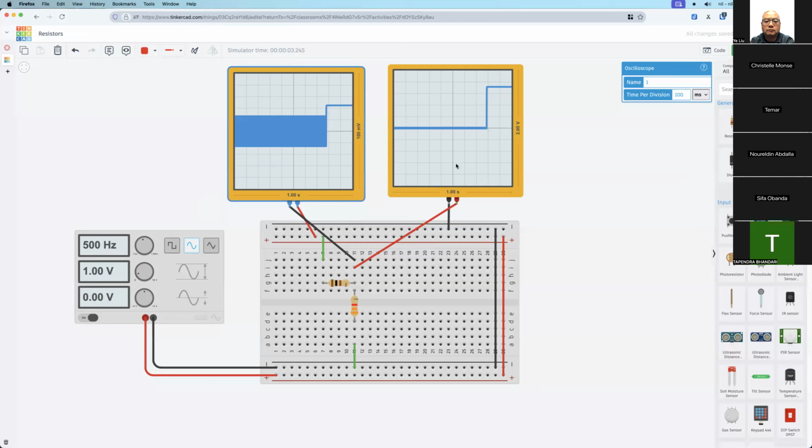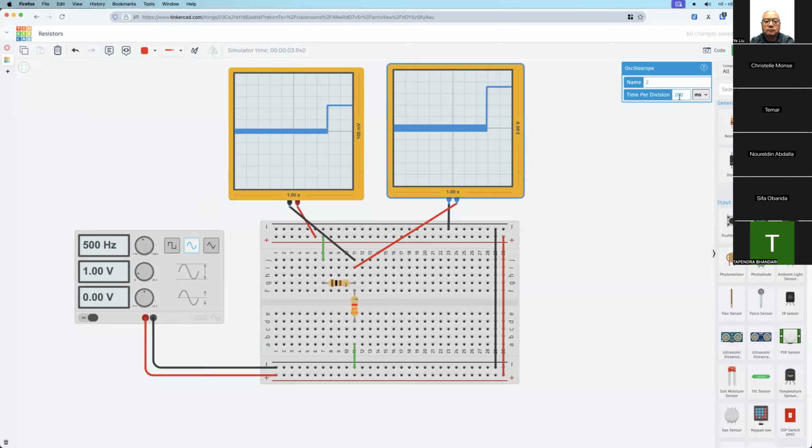It seems Tinkercad is slow now. Let me change the setting for this one first. This is 500 hertz. Let me try 1 millisecond. Okay, 1 millisecond is okay.